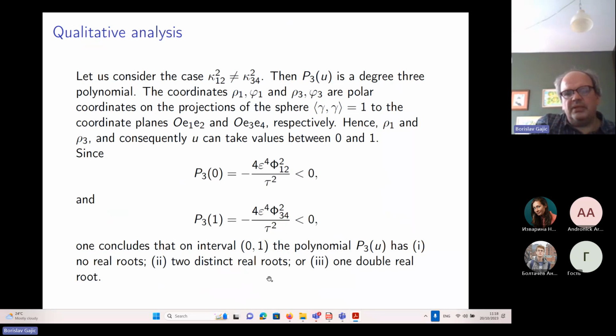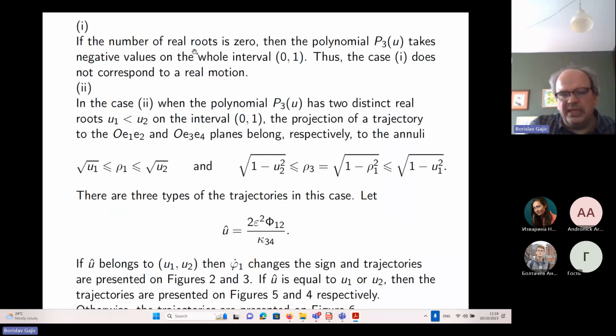What can happen? It can happen that P has no real roots, two distinct real roots, or one double root. If there are no roots, then there is no real motion. But in case 2, when the polynomial has two distinct real roots, the qualitative picture depends on this u kappa.